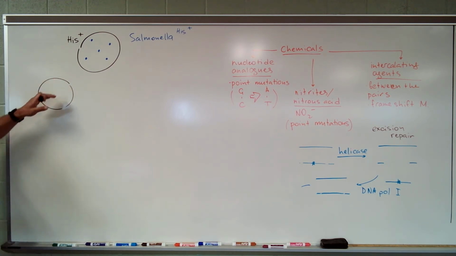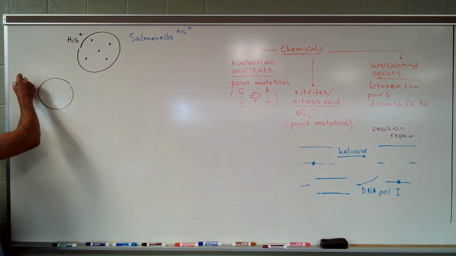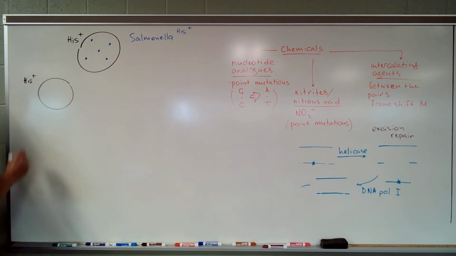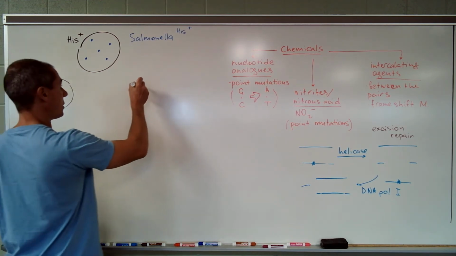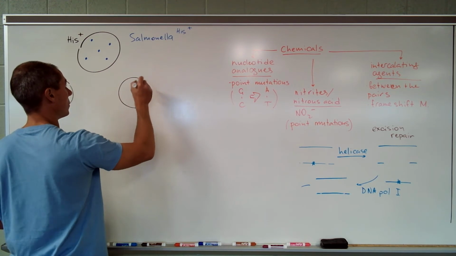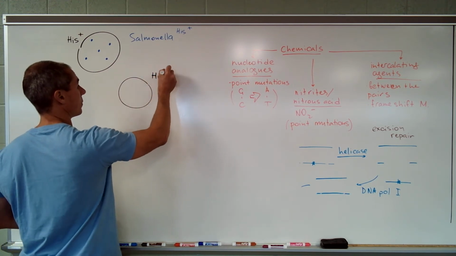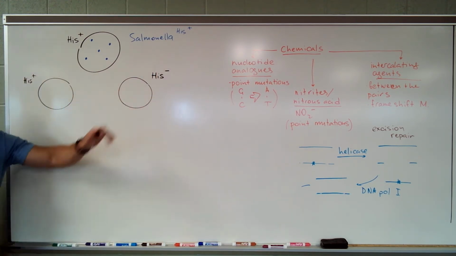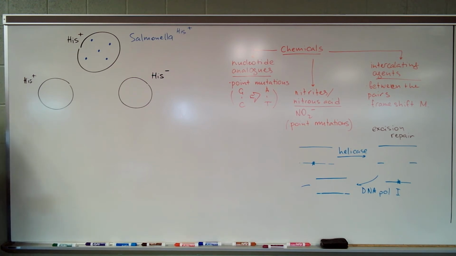This plate on the left still contains the amino acid histidine. The plate on the right doesn't. So the agar in this plate doesn't contain the amino acid histidine. Okay, good?